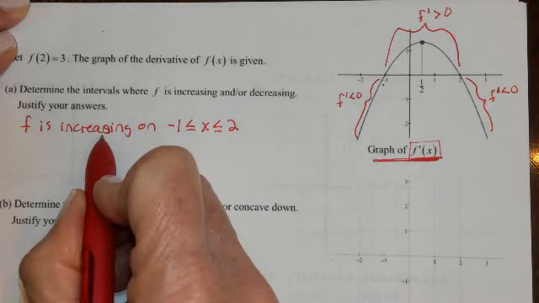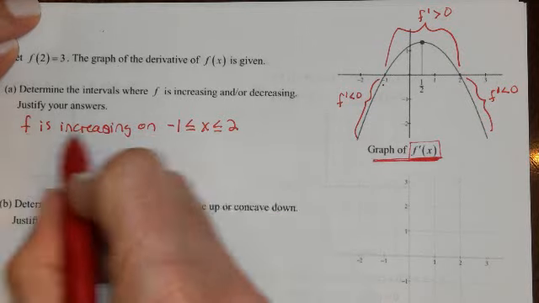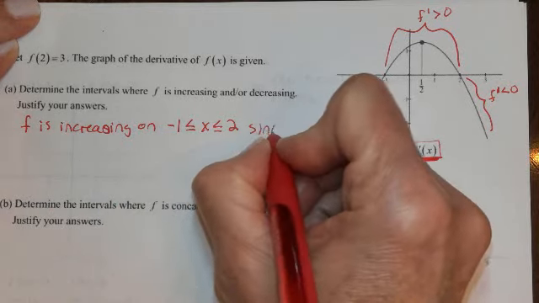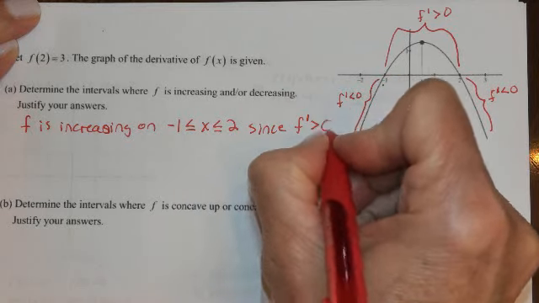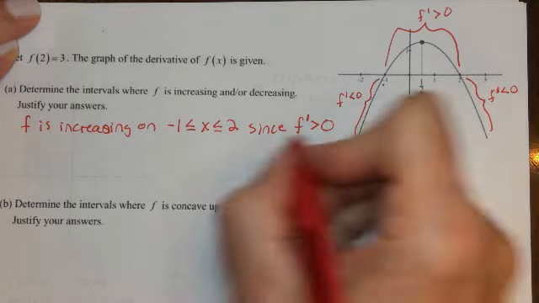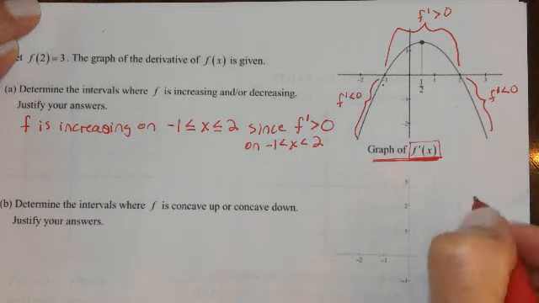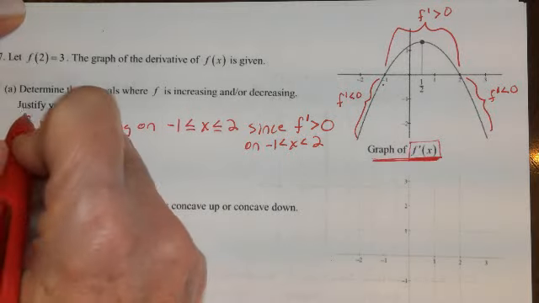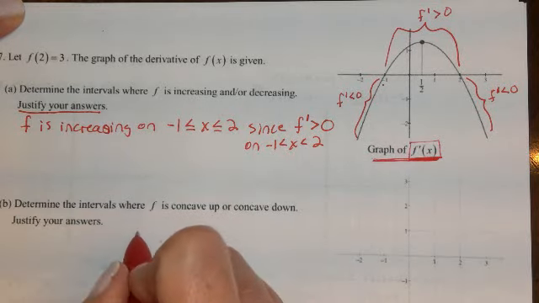Include, because we always include for increasing and decreasing. F is increasing on this interval since f prime is greater than 0 on -1 to 2. Okay, we have to justify our answers, so that's the justification.